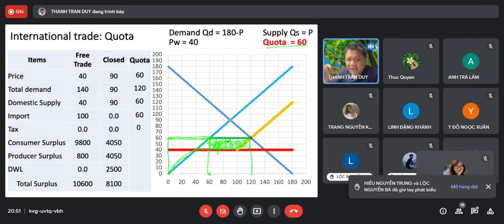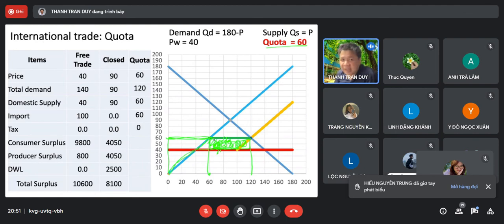Who has the right to import? They earn this one. They have the right to import, and they sell at a high price. So in Vietnam, the companies that have the license to import earn a lot.